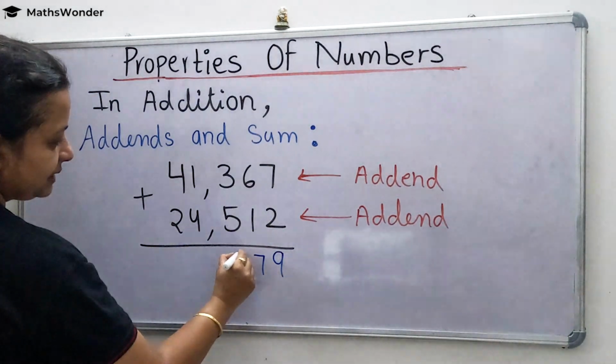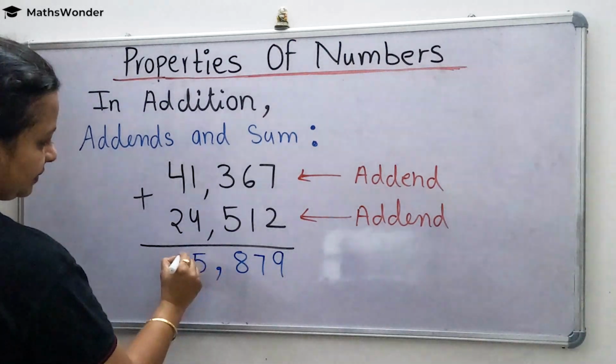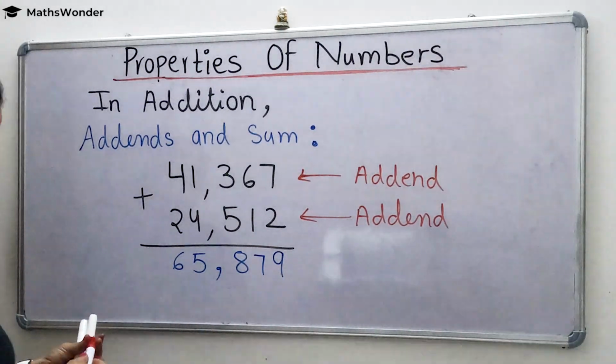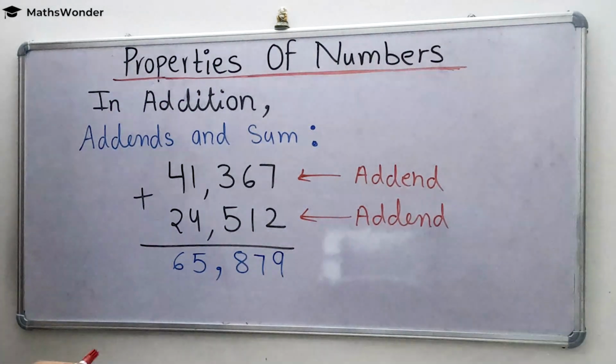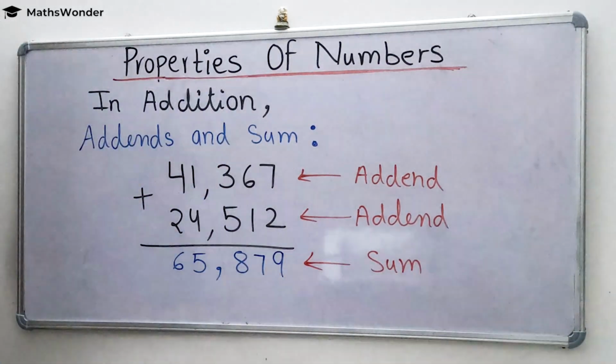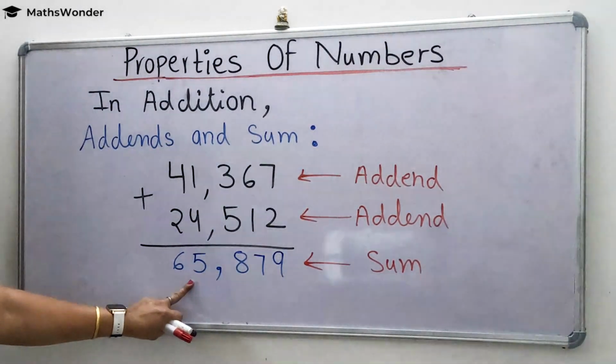The answer is 65,879, and it is the sum. We add normally: 7 plus 2 is 9, 6 plus 1 is 7, 3 plus 5 is 8, 1 plus 4 is 5, and 4 plus 2 is 6. So we got the sum here.